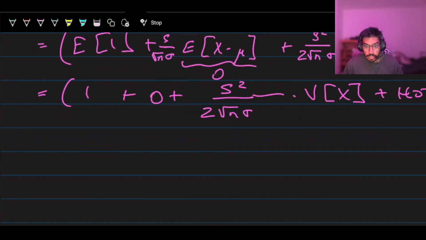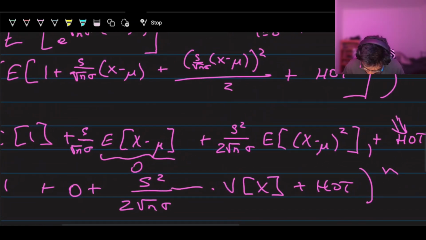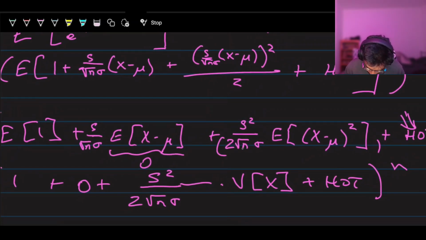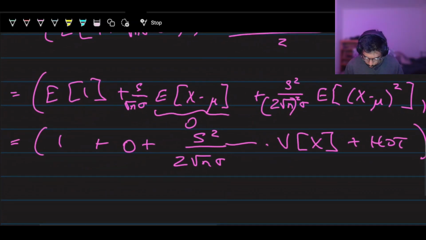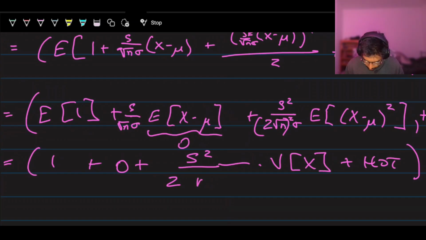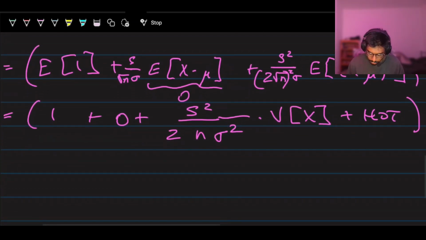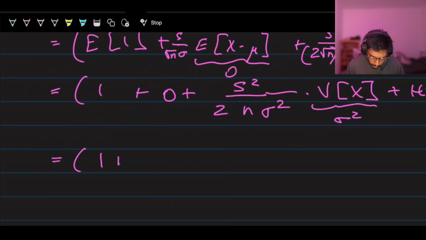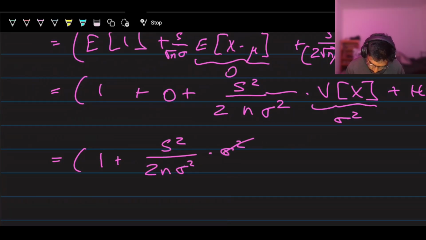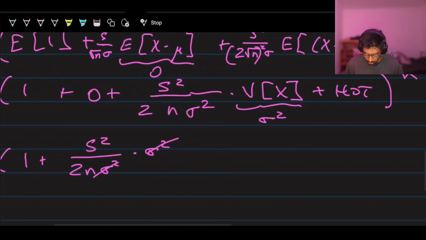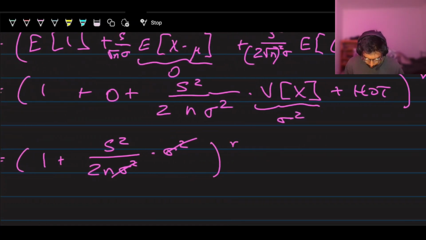Here, I missed a square. The square should apply to the denominator as well, so 2n sigma squared, and the variance of x we know is sigma squared. So this ends up equaling 1 plus s squared over 2n sigma squared times sigma squared, all to the nth power.